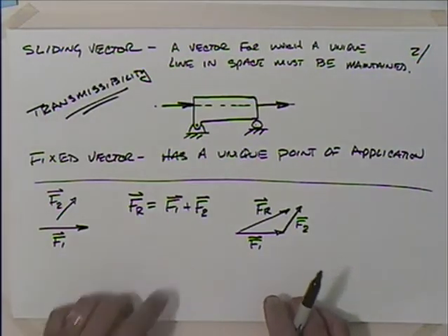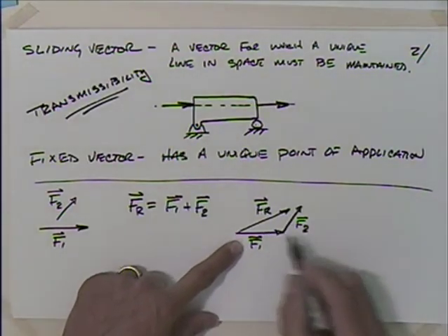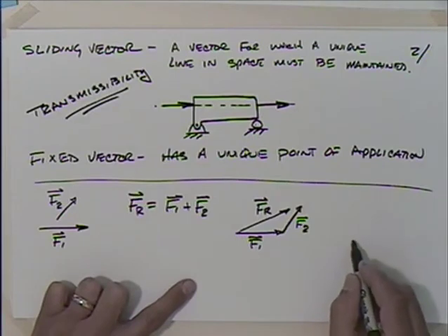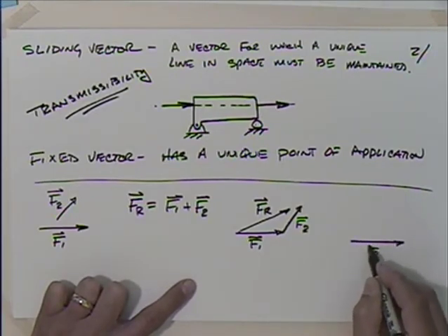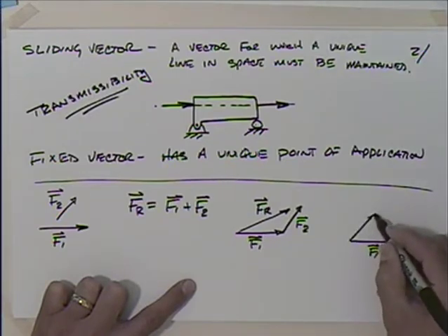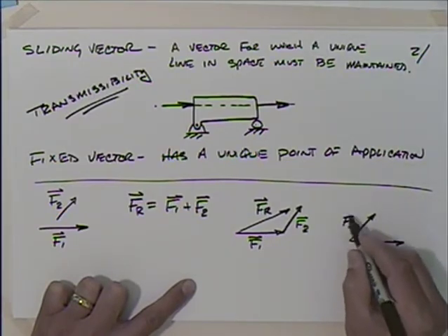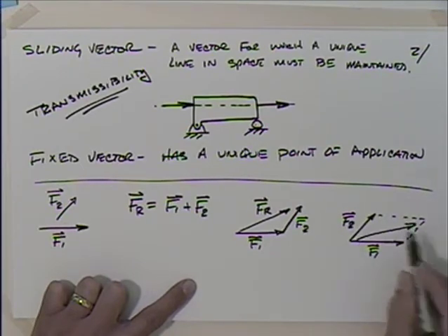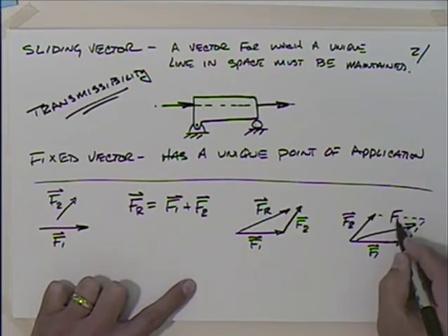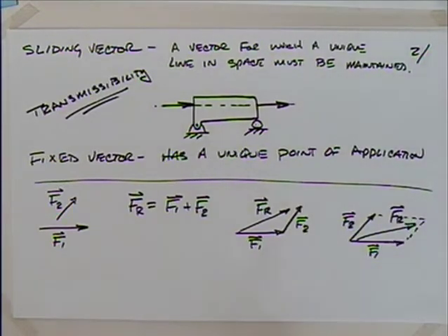Sometimes they'll do it with the parallelogram rule. We've got F1 here, and F2 there, and we could complete the parallelogram, and there is our F sub r. So a couple ways to think about that.